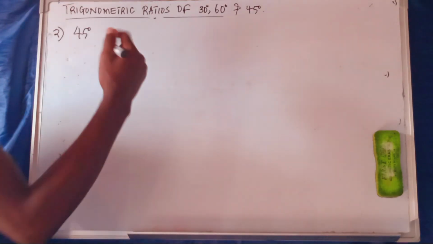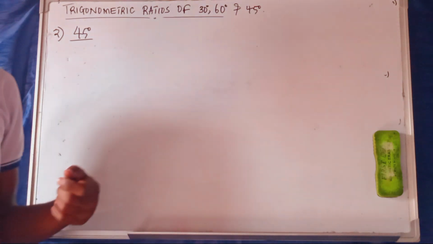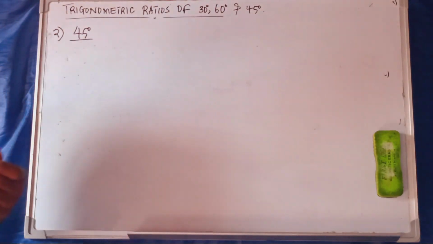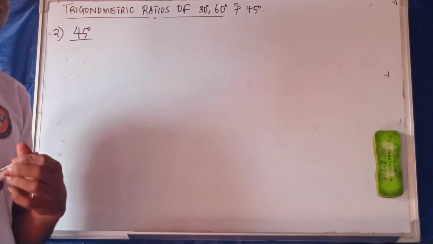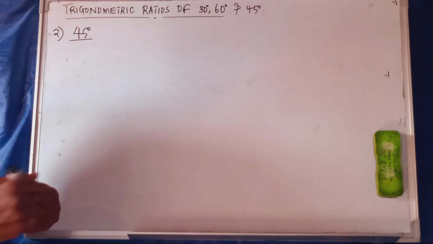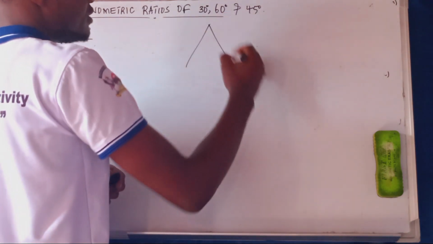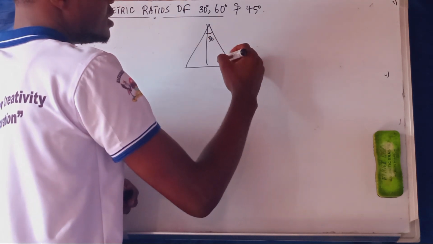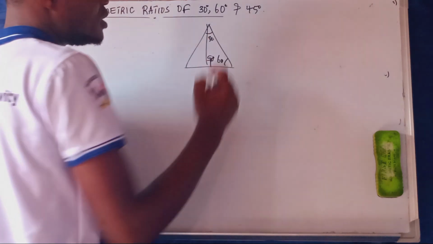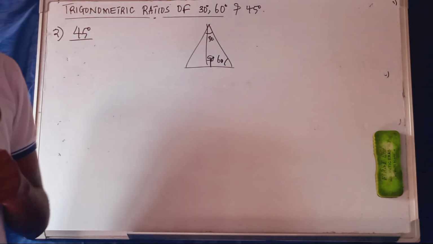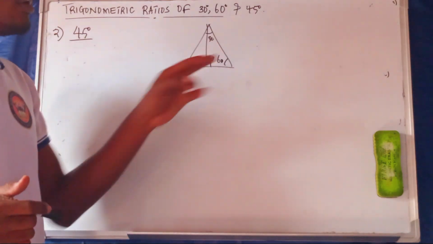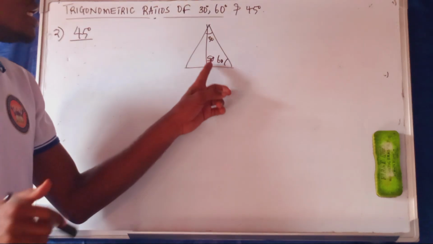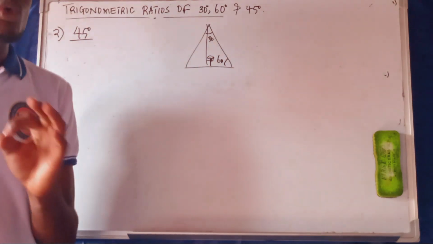So now we are talking about 45. Remember, for 30 and 60, we had a triangle with 30, 60, and 90. And we know that the angles inside this triangle must add up to 180. 90 plus 60 plus 30 is 180.